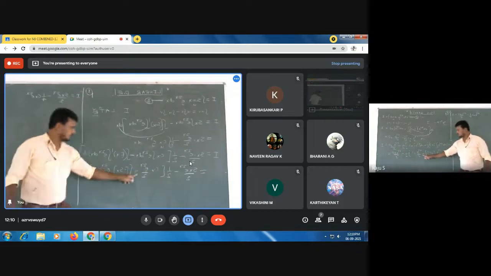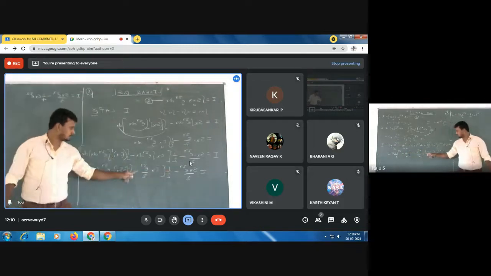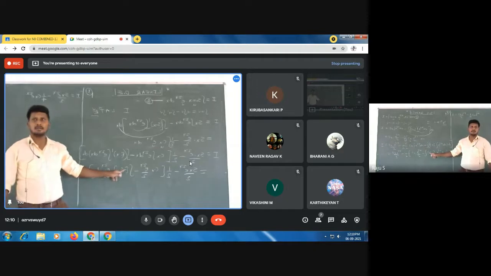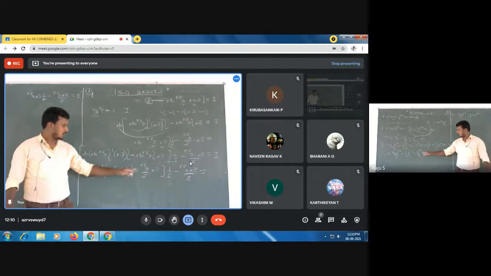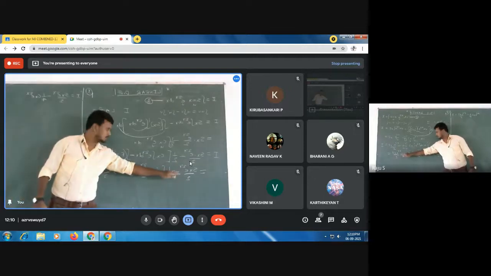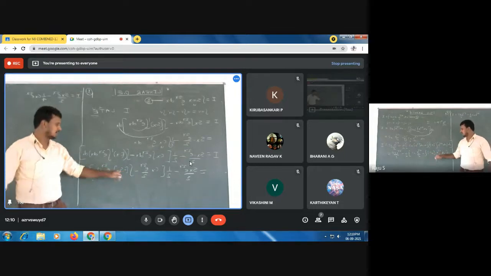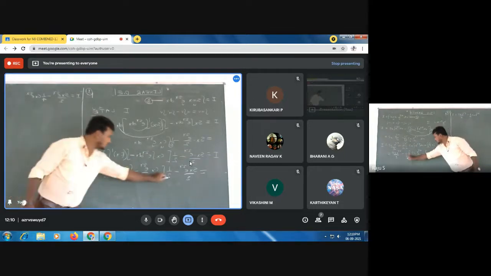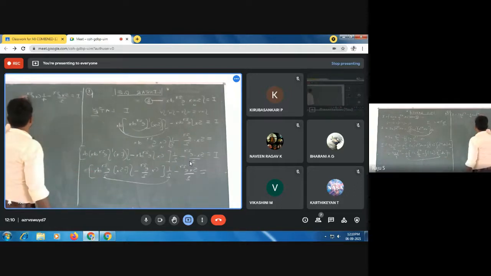Minus into minus is plus, plus into minus is minus. Here 2 into 2 is 4, again 4. So again minus 1 by 4 times integral sin x e to the power of 2x dx.